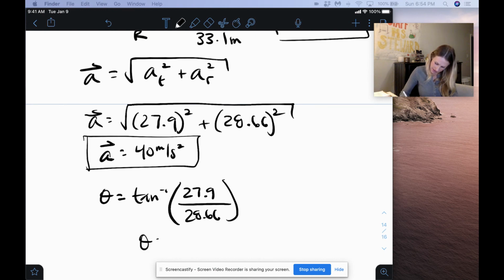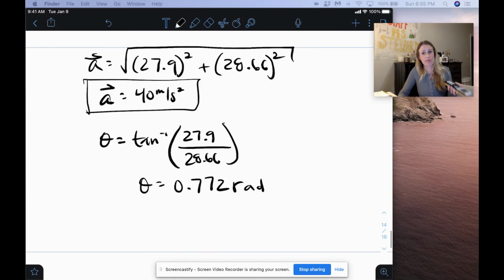And we end up getting that our angle is equal to 0.772, and this is in radians because my calculator is in radians right now because of all the math that I've been doing with these rotational kinematics problems.